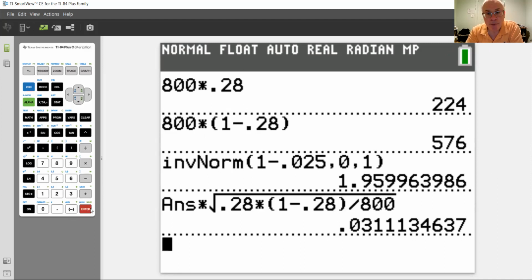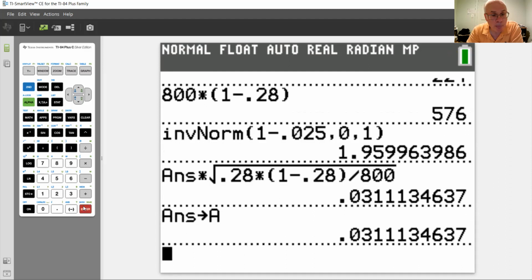All right, so Z times the standard error gives us our margin of error. I'm going to store it in A again. Let's store in A. That'll replace what was in A before. Hit enter. This 0.03111 will be the margin of error that's stored in the letter A. Now I want to create my confidence interval.